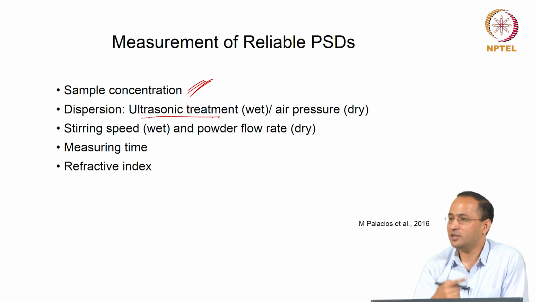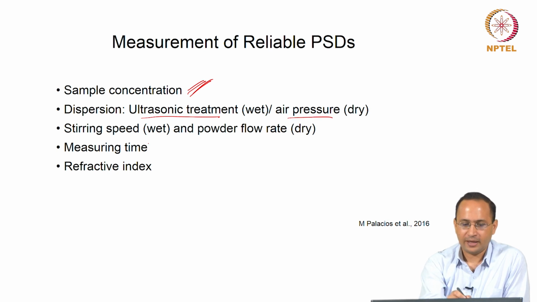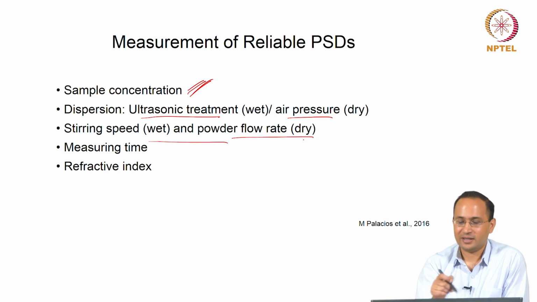Dispersion, how are you dispersing? Because you do not want agglomeration in powder, because if you have agglomeration, that will again affect your particle size distribution. So usually we use ultrasonic treatment to de-agglomerate powder. Stirring speed and powder flow rate are also things that can influence your PSD.